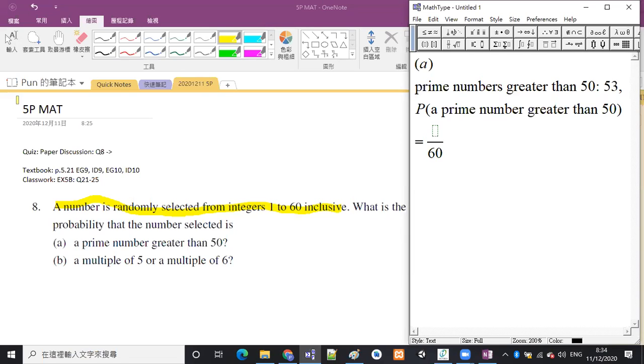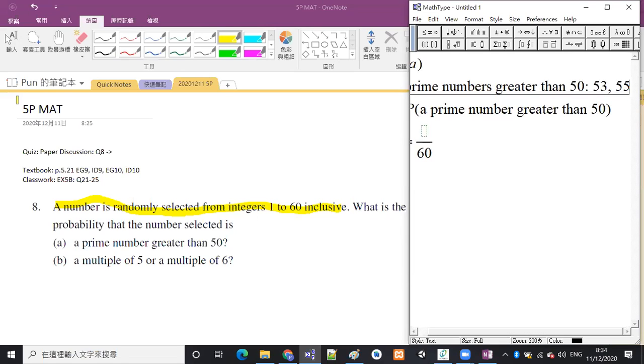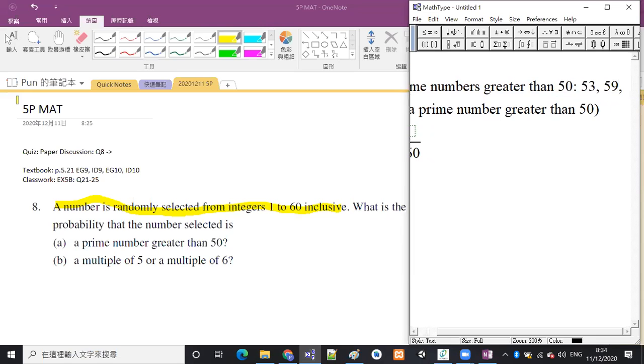Yes. 54? No. 55? No. 56, no. 57, no, it is divisible by 3. 58, no, because it's an even number. And then 59, yes. There is no other factor which can divide 59. And then 60, no, because 60 is an even number.